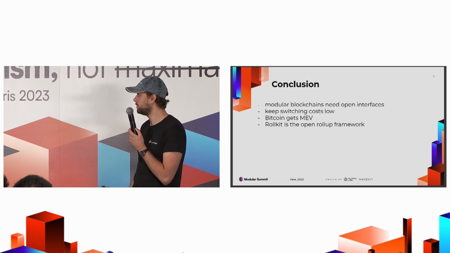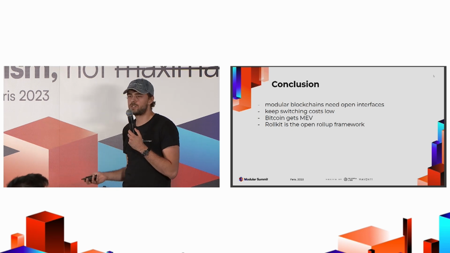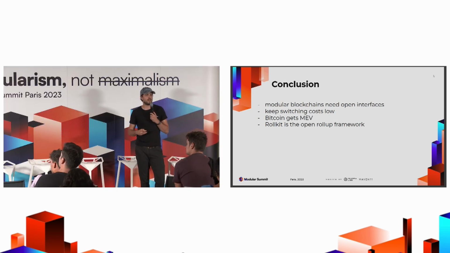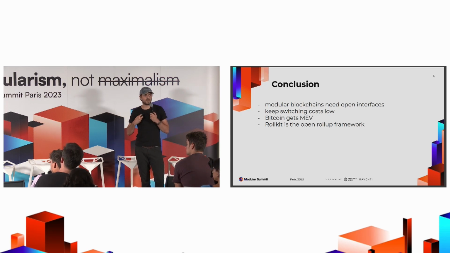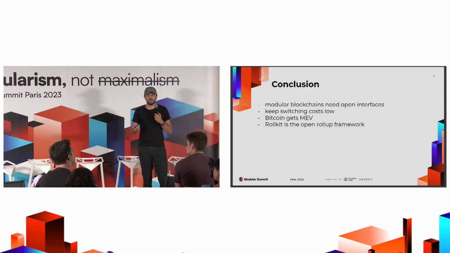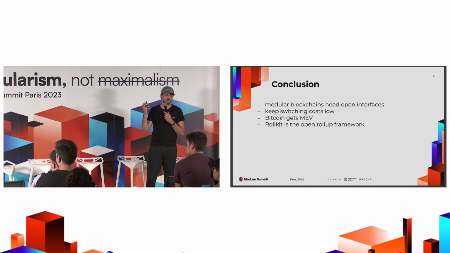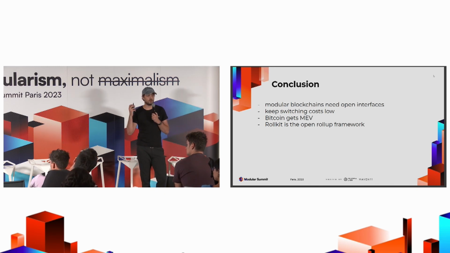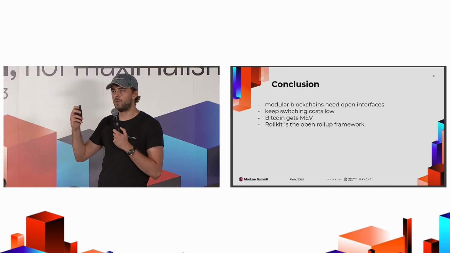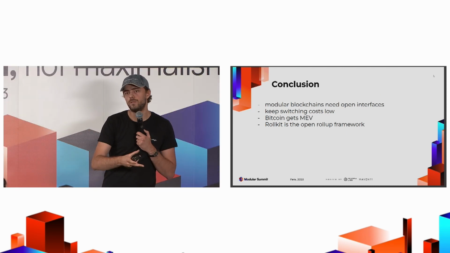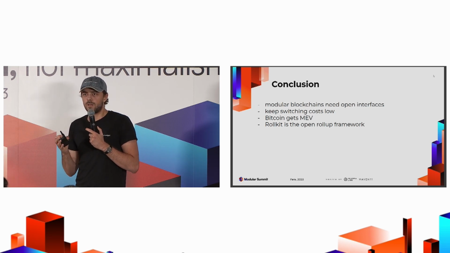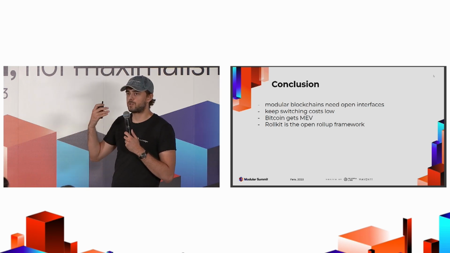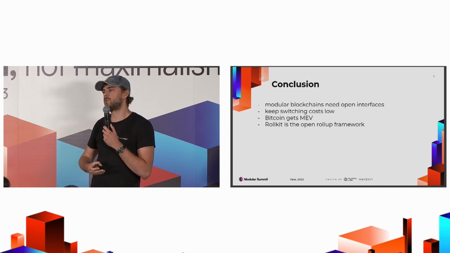Okay, to conclude, modular blockchains need open interfaces. We have high dependencies between each other, so to communicate, we have to agree on standards. We need to keep switching costs low, because we don't want to go into the slow game where one thing can extract the MEV and keep it, but we have to have a credible threat of a fork to go to something else.